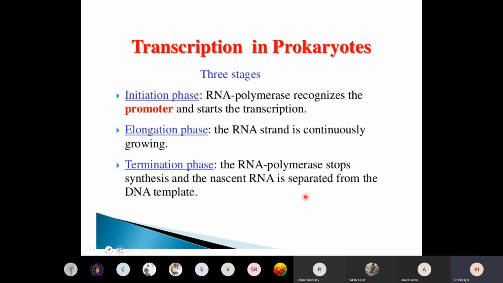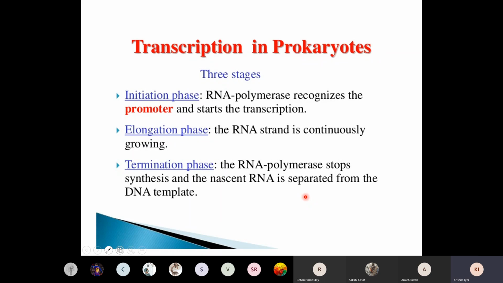Okay, what is called the initiation phase, elongation phase, and termination phase. Okay, this is very similar to what we saw when we looked at DNA replication, where we talked about initiation occurring at the origin of replication, then elongation occurring, and then termination occurring when the replication forks meet or when you reach the end of the DNA. Okay.